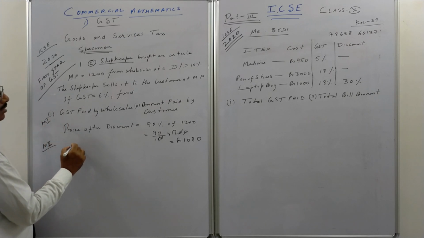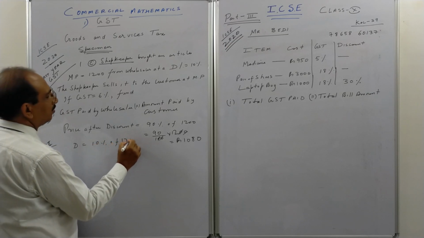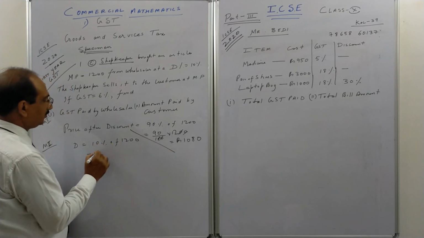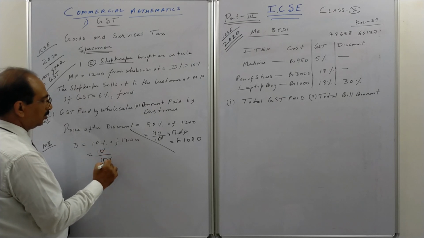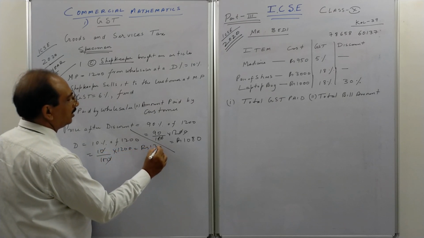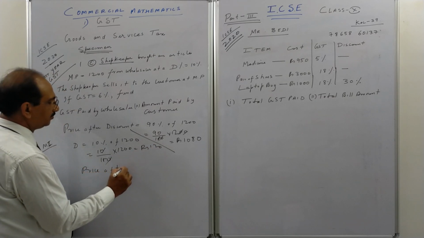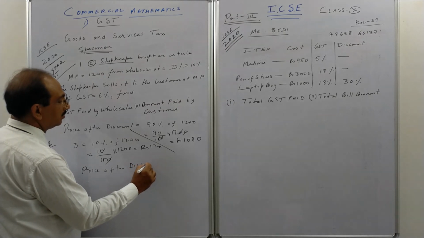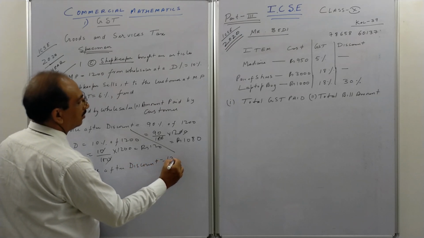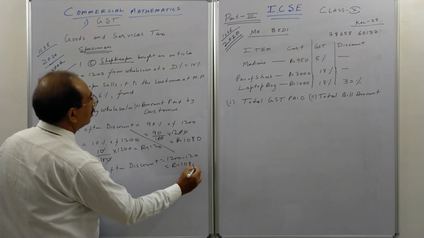What is that? Discount is 10% of 1200. 10 by 100, I told you it's 1/10. So it is rupees 120. So price after discount is 1200 minus 120, which is rupees 1080.